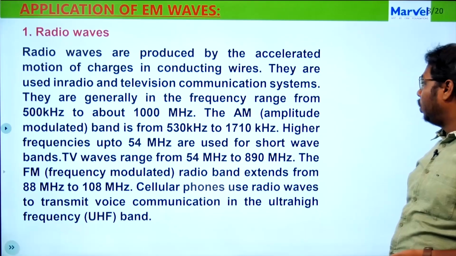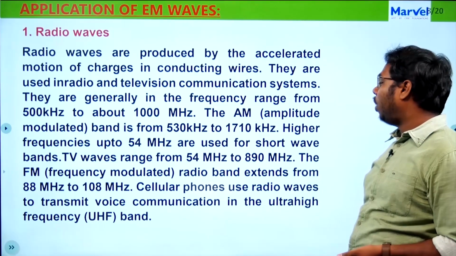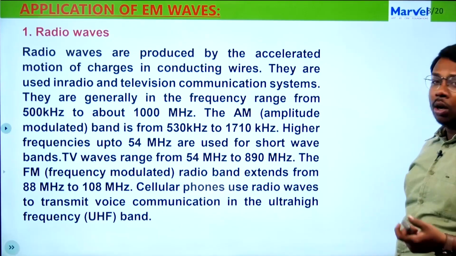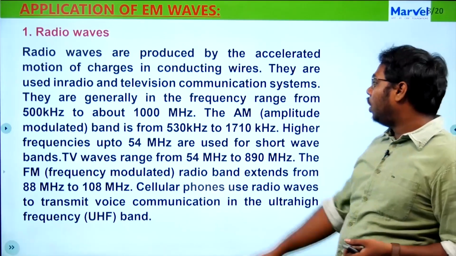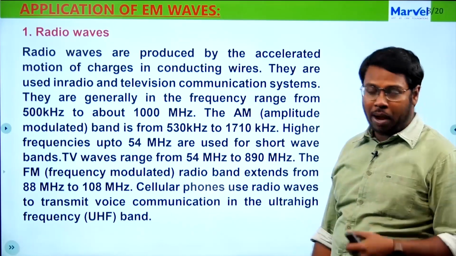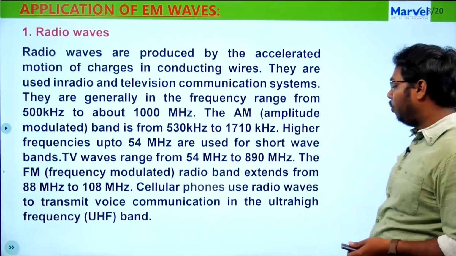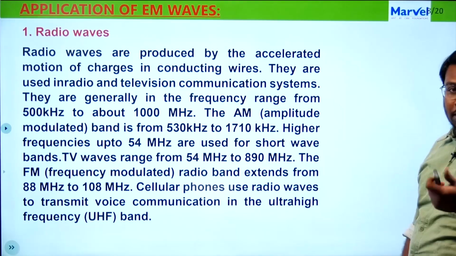The AM, which is nothing but amplitude modulated, band is from 530 kilohertz to 1710 kilohertz. Higher frequencies, up to 54 megahertz, are used for short wave bands. TV waves range from 54 megahertz to 890 megahertz.